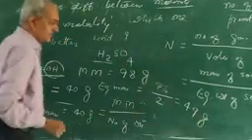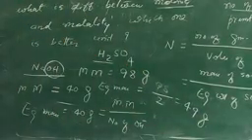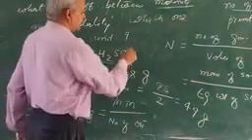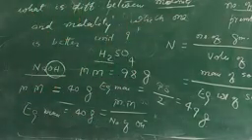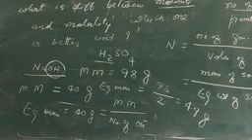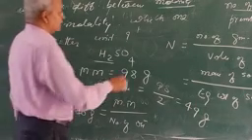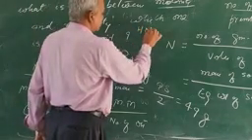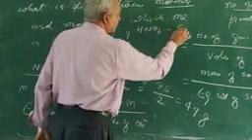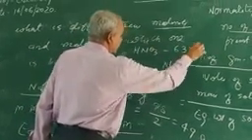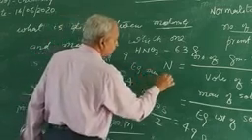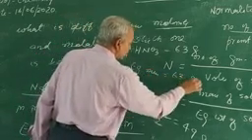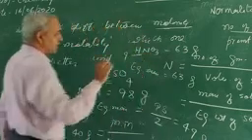That is the difference. If we also consider nitric acid, the formula is HNO3. The molar mass is 63 gram. Its equivalent mass is also 63 gram, because the number of replaceable H plus ion is 1.